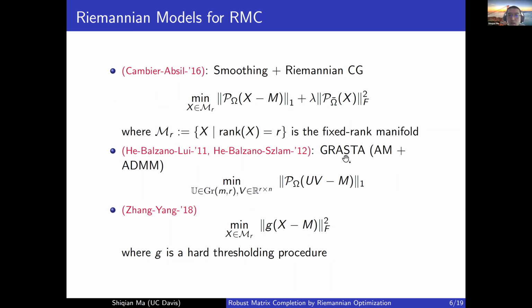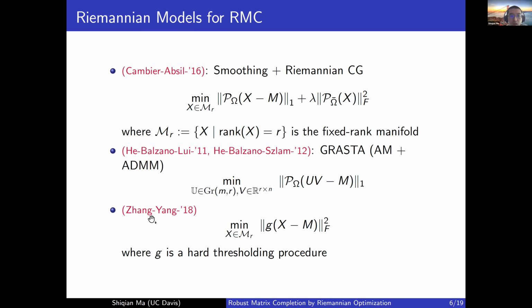They proposed this Grassmann algorithm for solving this problem, and it is actually a combination of the alternating minimization method and the ADMM method. But as far as I know, there is no convergence result for this Grassmann algorithm.